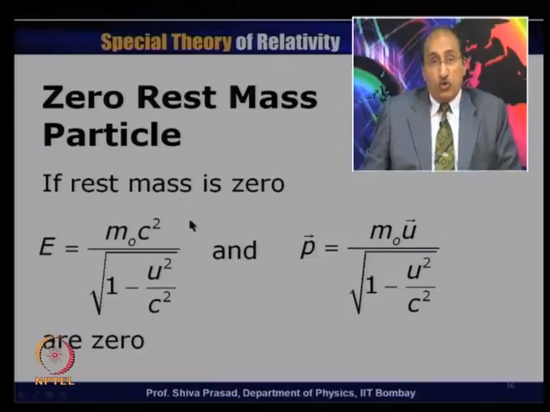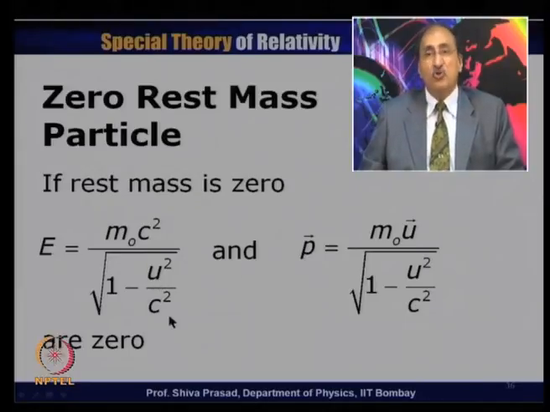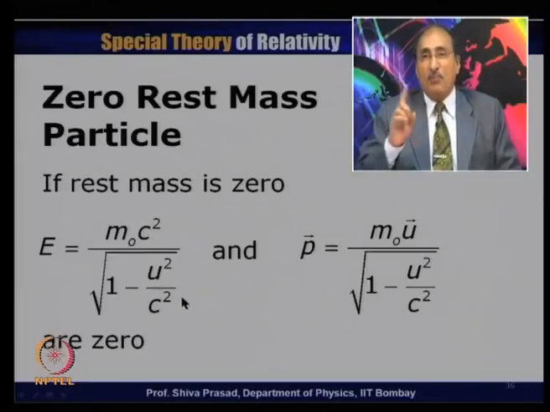Of course, if m naught is equal to 0, using these two expressions for energy and momentum, energy should be 0 and p should be 0, provided this particular quantity is not 0. And this quantity will be 0 only when u becomes equal to c. So, this gives you a possibility that even if m naught is equal to 0, E can be finite, non-zero, p can be finite, non-zero, but in that case, you must have u equal to c. It means that particular particle must travel with the speed of light.